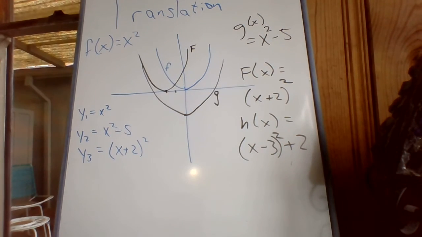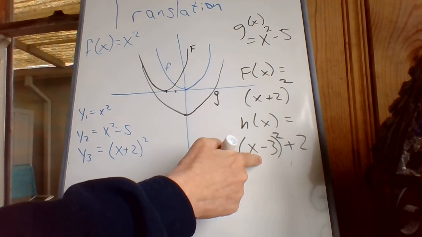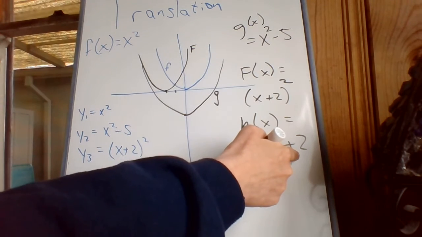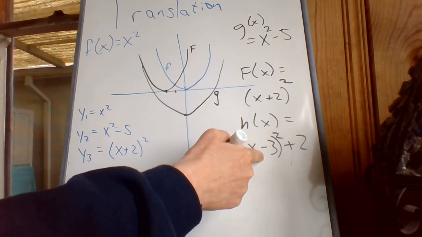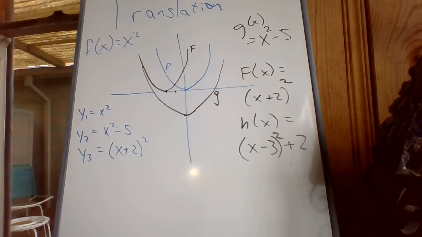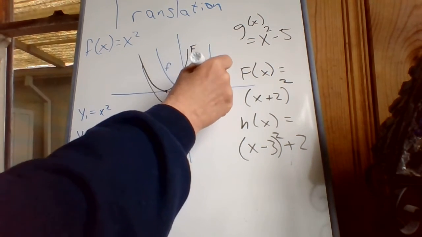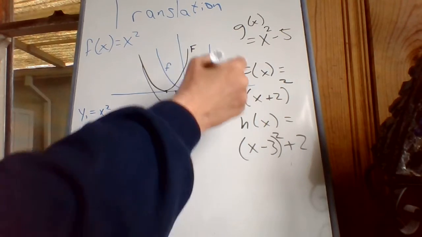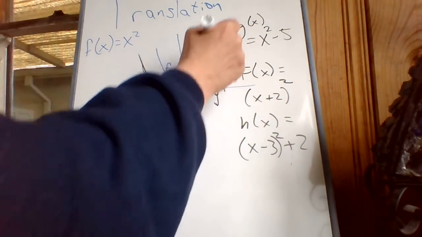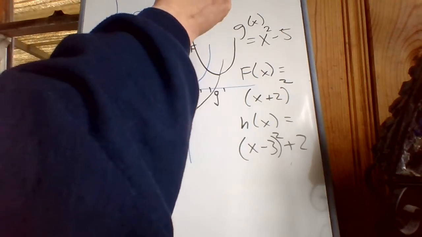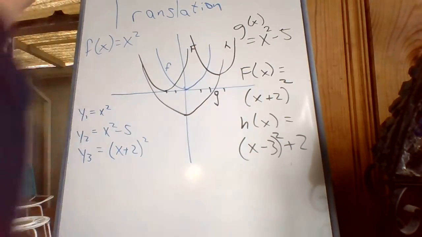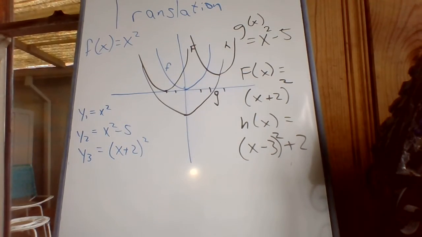And so if you've got both going on at the same time, that's a side to side, and that's an up and down. So -3, that's going to move it 3 to the right, and then plus 2, up 2. So it's going to end up here somewhere. That's what translation is studied for.